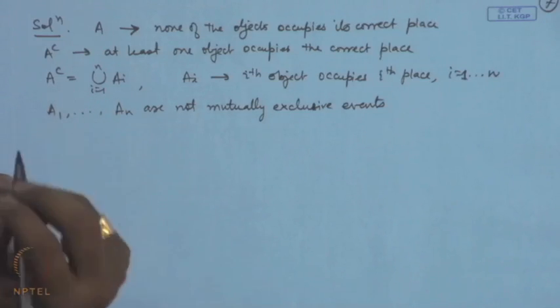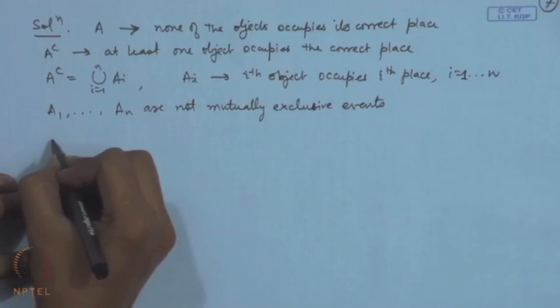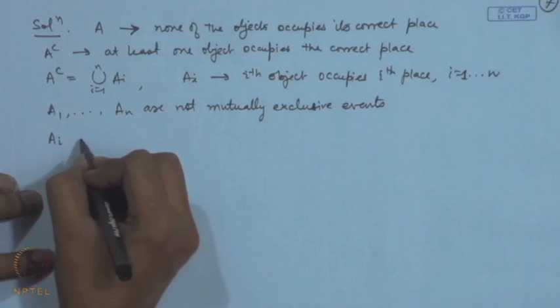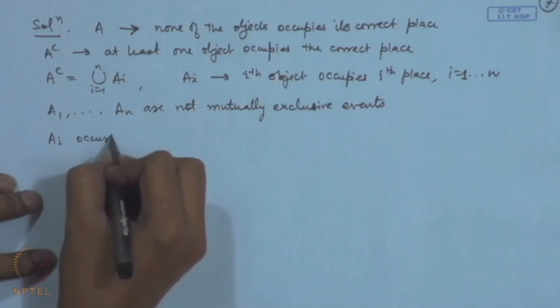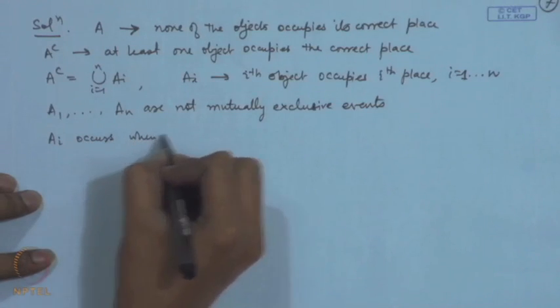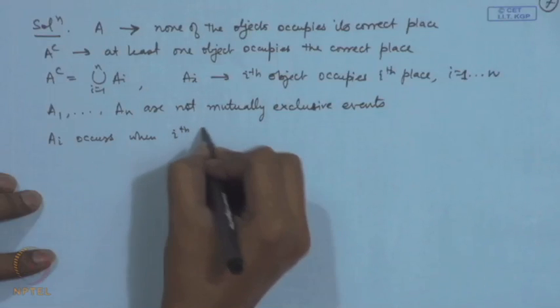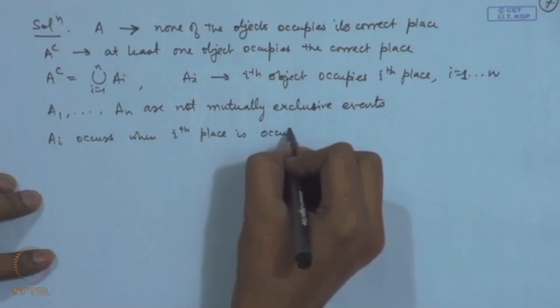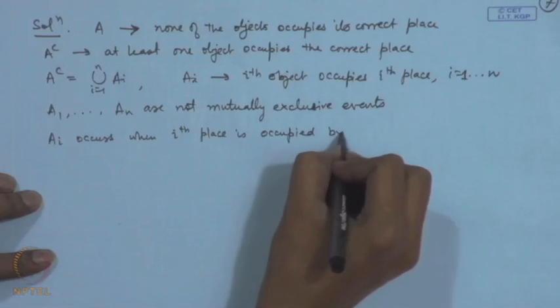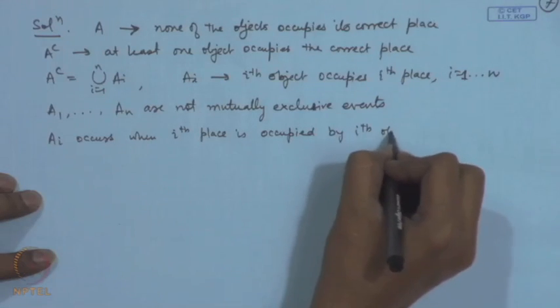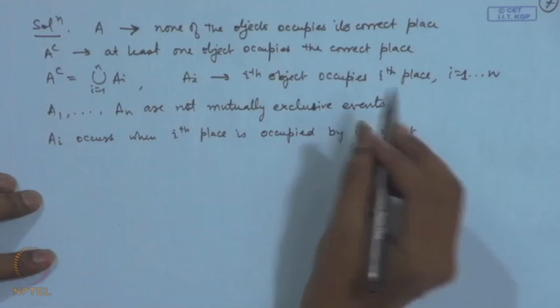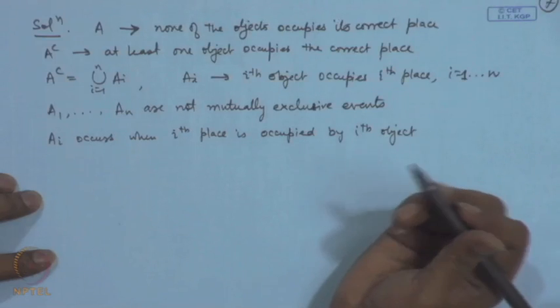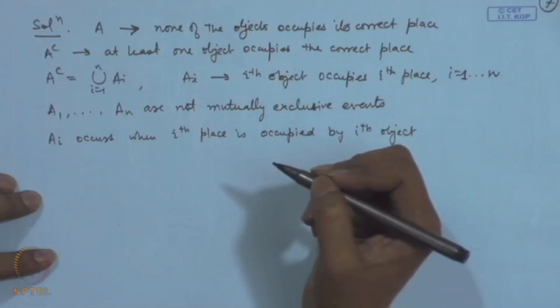Now, let us look at how the event Ai occurs. If Ai occurs, the ith place is occupied by the ith object, and about other objects we are not saying anything, that means they may occupy the correct place or they may not occupy the correct place.